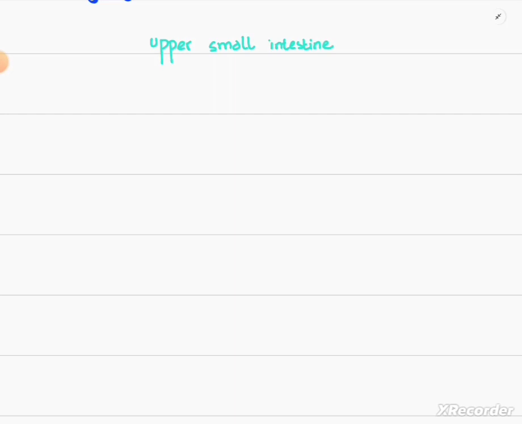For example, any divalent cations, for example, calcium or magnesium, or any ion, it could be iron or aluminium as well.